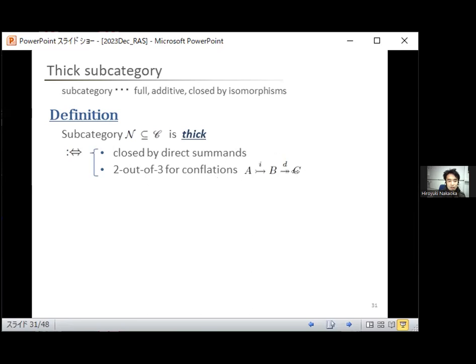Namely, in any conflation like this, if 2 of A, B, C belong to N, then so does the third.